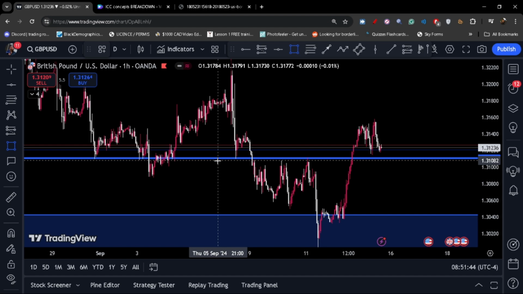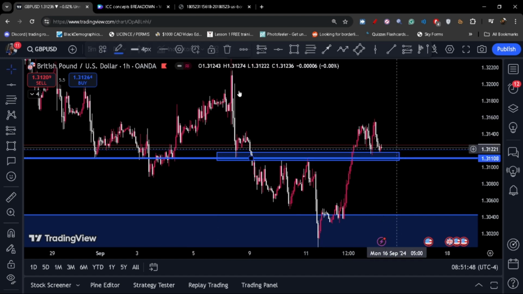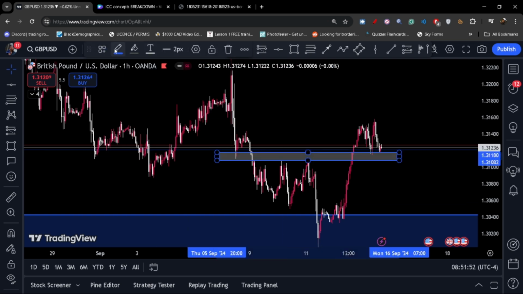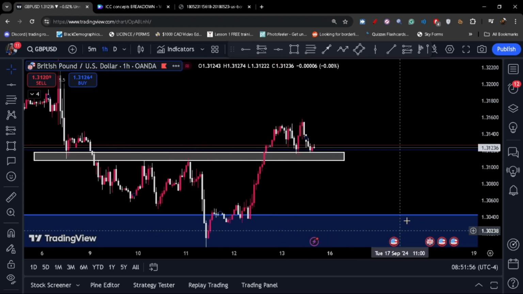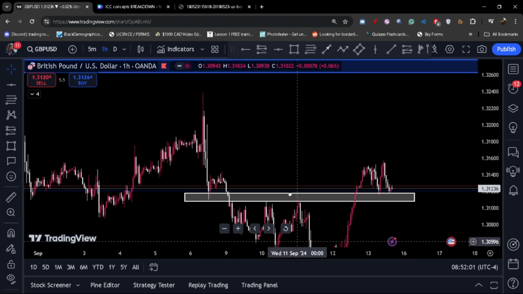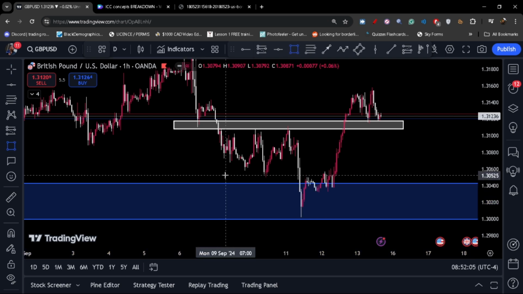So I'd probably do something like this, maybe mark from here to here, and then delete this, and color code it. You can clearly see above this, price is buying, below this, price is selling. Again, I can see this area of interest here too.